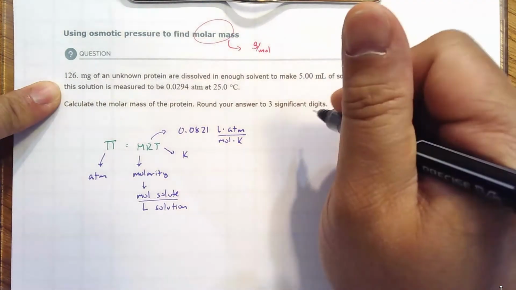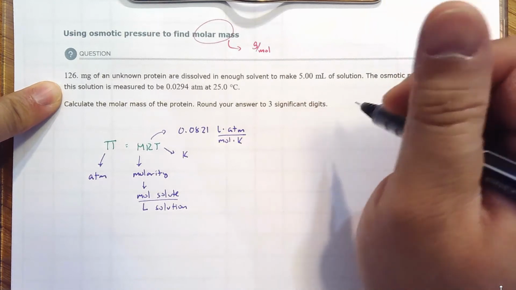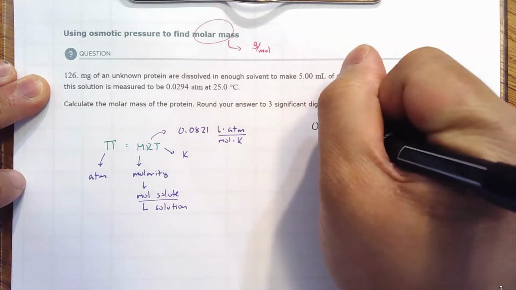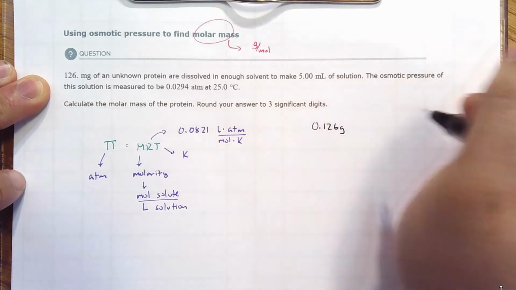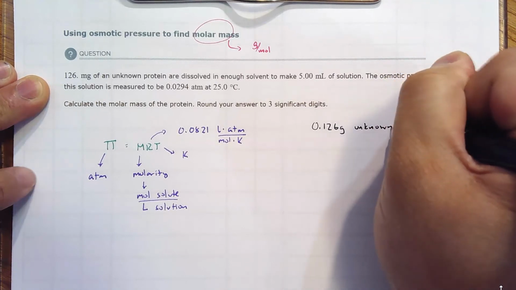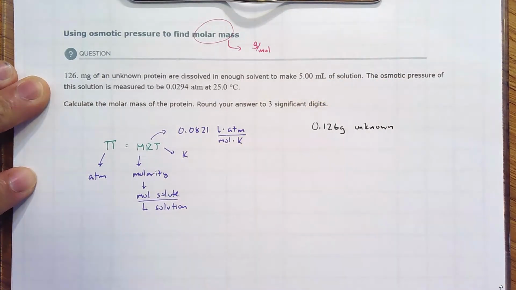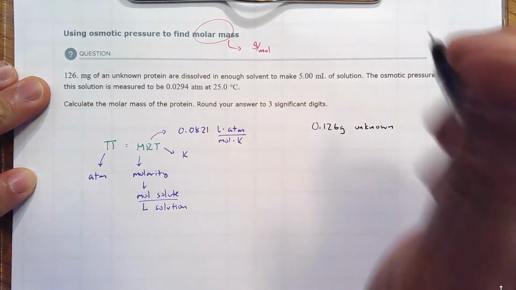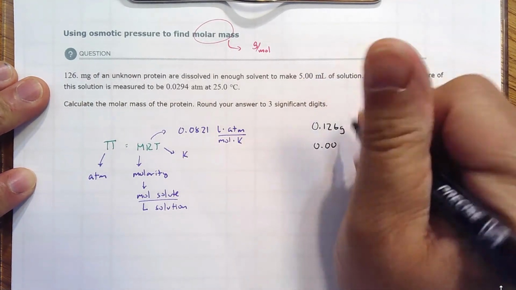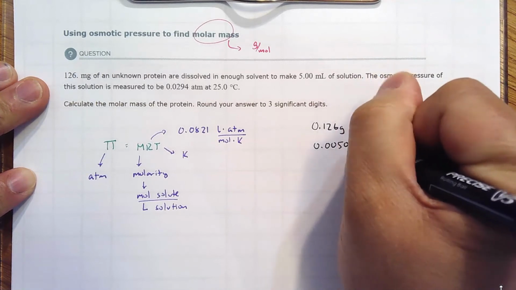We have 126 milligrams of an unknown protein. Why don't we change that right now to grams? 126 grams of the unknown, which happens to be a protein. And then we have that in 5 milliliters of solution. Let's change that into liters. Why?